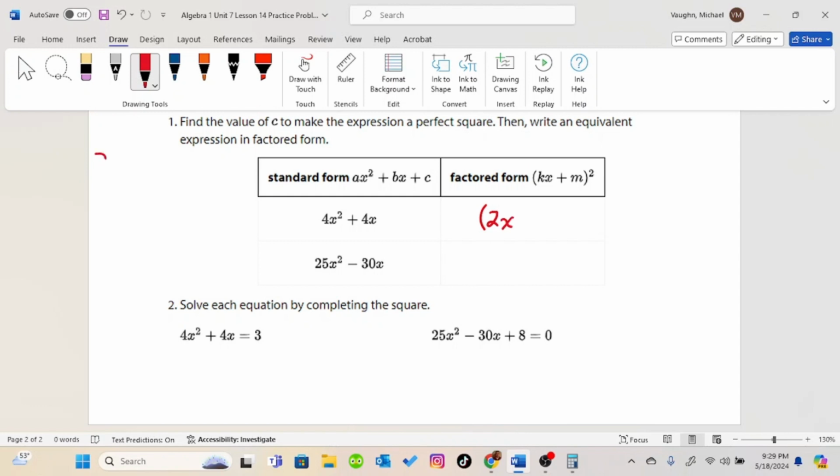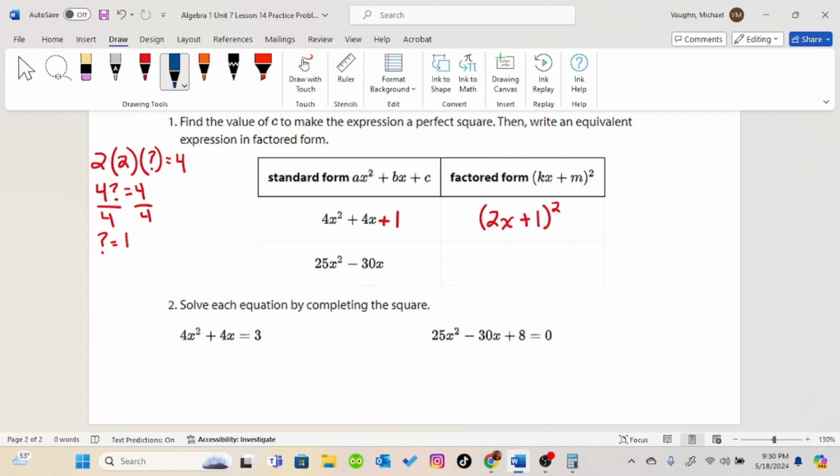And I know that I'm going to multiply 2 times 2 times something to get my b term, which is 4. 2 times 2 is 4. And if I divide both sides by 4, I find out that that something is 1. So I have 2x plus 1 squared. And now I know that 1 squared is 1, so my missing number would be plus 1.